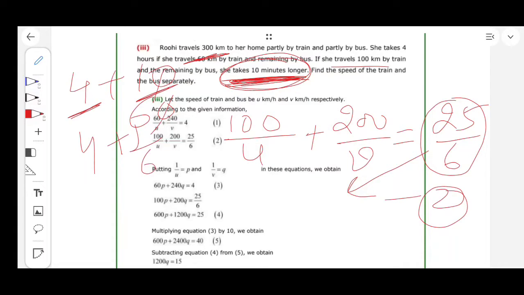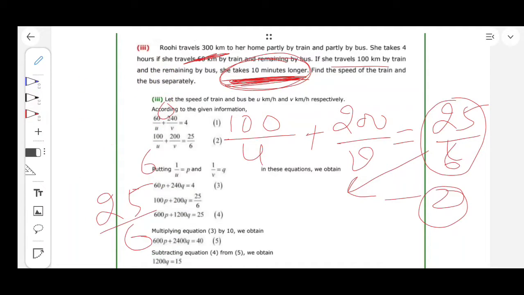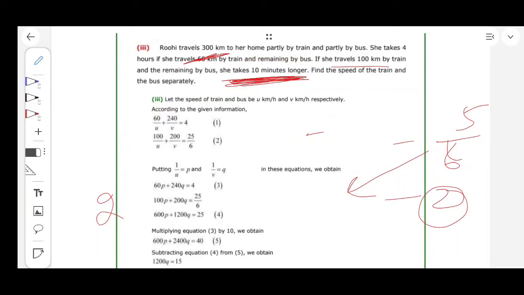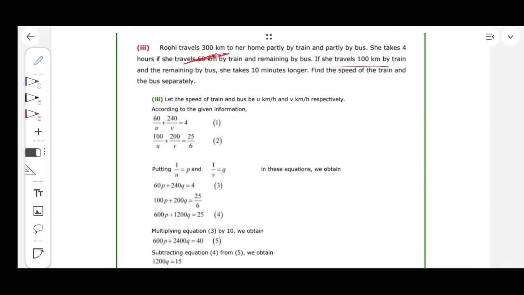Now taking LCM we get this much time in hours. So this is the second equation. Now we have both equations, first and second, from the given conditions.